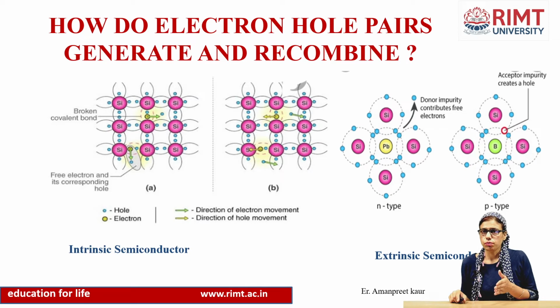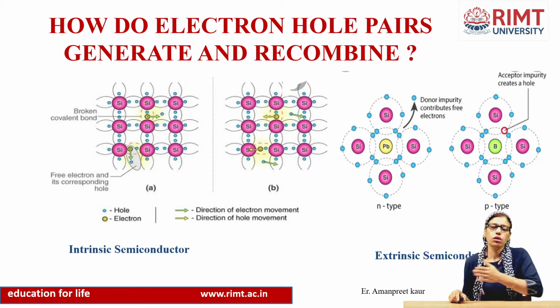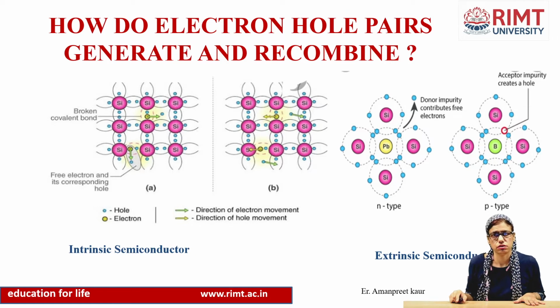So the third group element takes the electron from the semiconductor, that's why we call it an acceptor impurity, and it leaves behind a hole. So a hole is generated, and an electron moves and is attracted towards another hole, to the free space. With the help of this you can understand how the hole and electron pair is generated in intrinsic and extrinsic semiconductors.